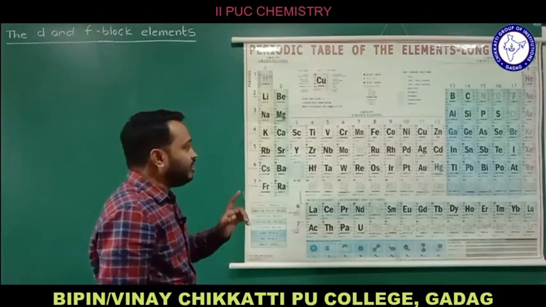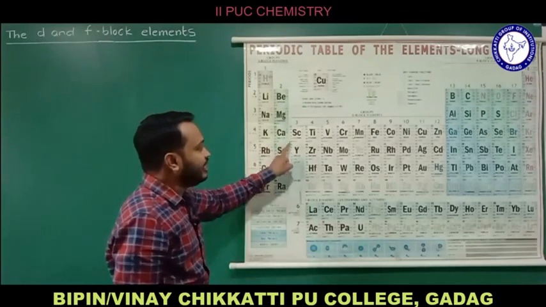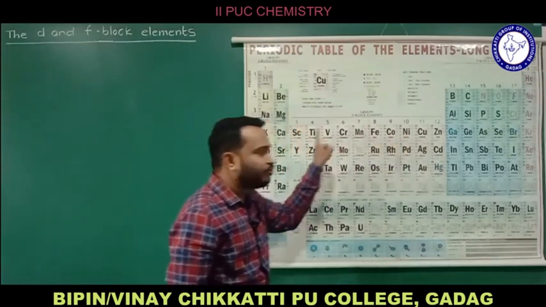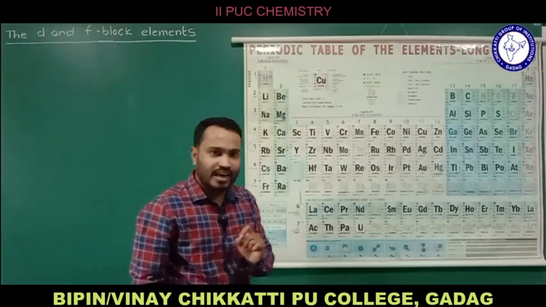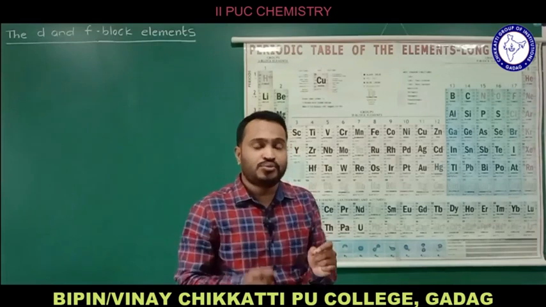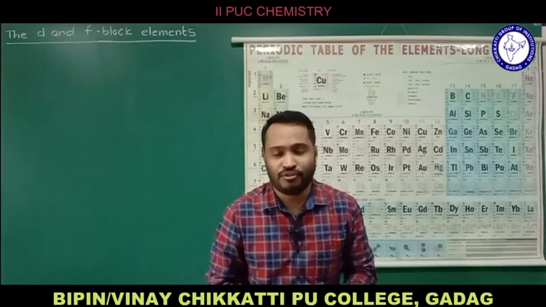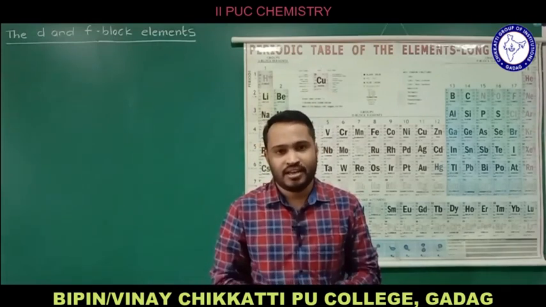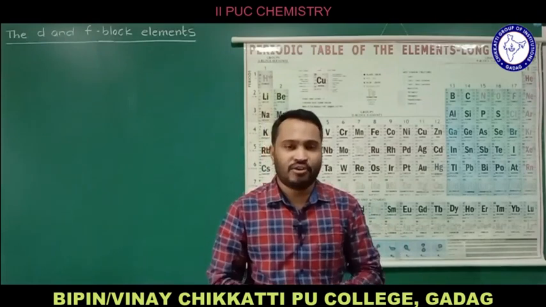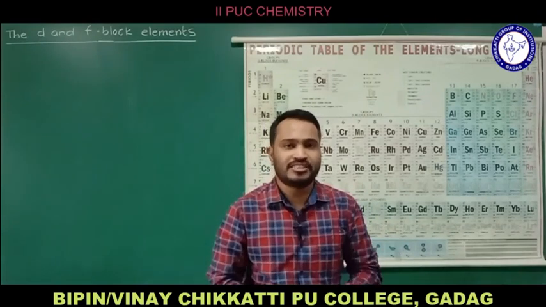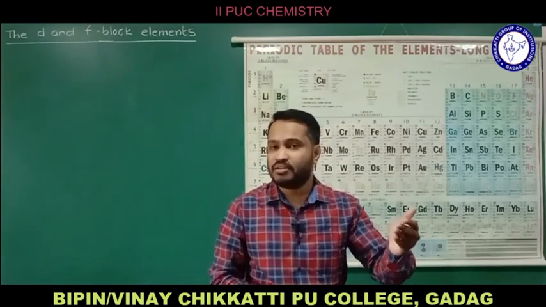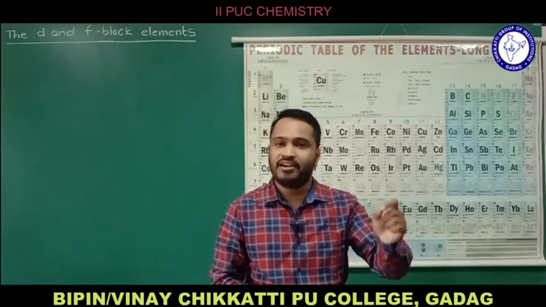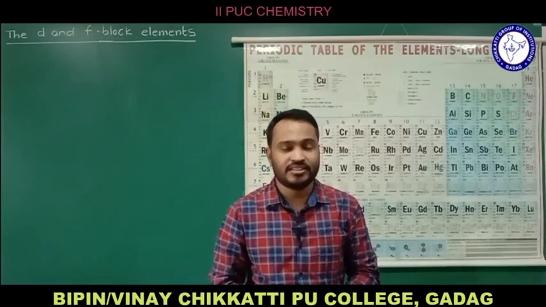So here we have d block elements in the middle of the modern periodic table, and then the question arises, what is the definition of d block elements? While defining s and p block elements, the main concept is that in s block elements we have a partially filled s atomic orbital, isn't it?